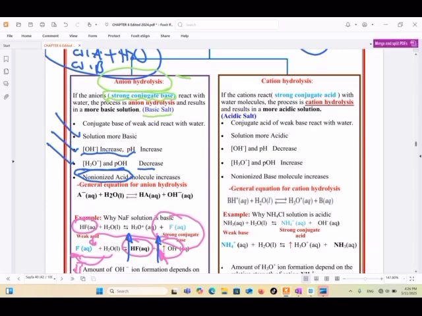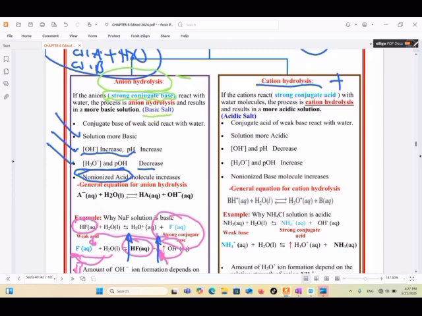How about the cation hydrolysis? Cation hydrolysis is the same process, a reaction of an ion with water, but instead of a negative ion, a positive ion reacts with water. But do all positive ions undergo cation hydrolysis? No. Only those positive ions which we obtain from the weak bases, molecular weak bases, undergo cation hydrolysis.